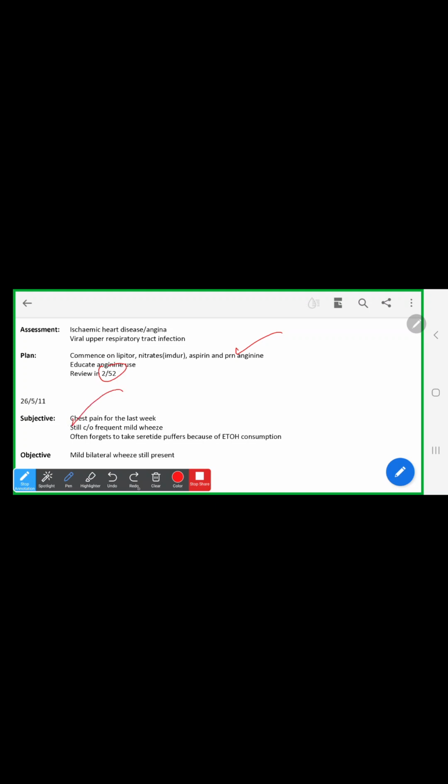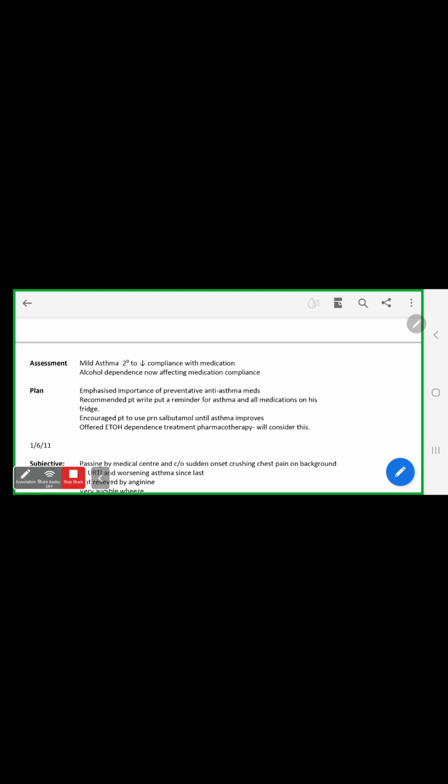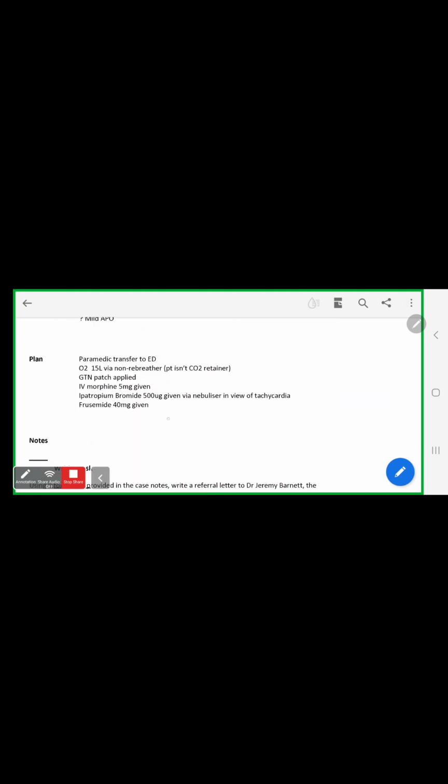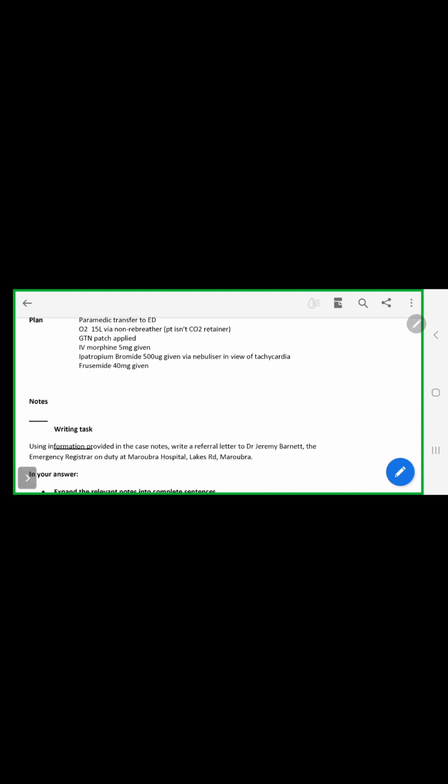After 2 weeks, he presented again with chest pain. He was having worsening of asthma. You consulted the patient for something. He, however, presented again on today's visit with acuteness of symptoms like crushing chest pain, worsening of asthma, ECG positive, lung findings positive. So you can see that these are the plans that we have to write down.